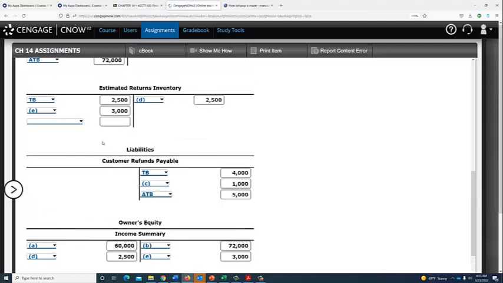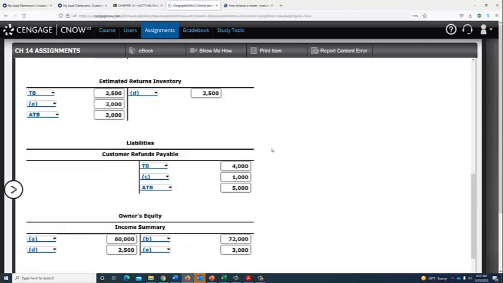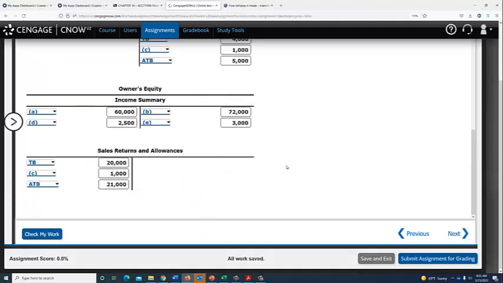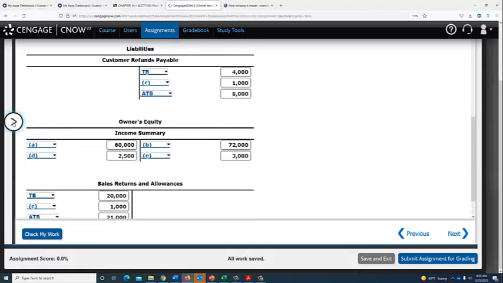Okay, and our adjusted trial balance here in estimated returns is going to be 3,000 because we've offset the 2,500 debit with a credit, and the only thing remaining is the 3,000 estimated returns inventory. Okay, so that concludes that exercise.